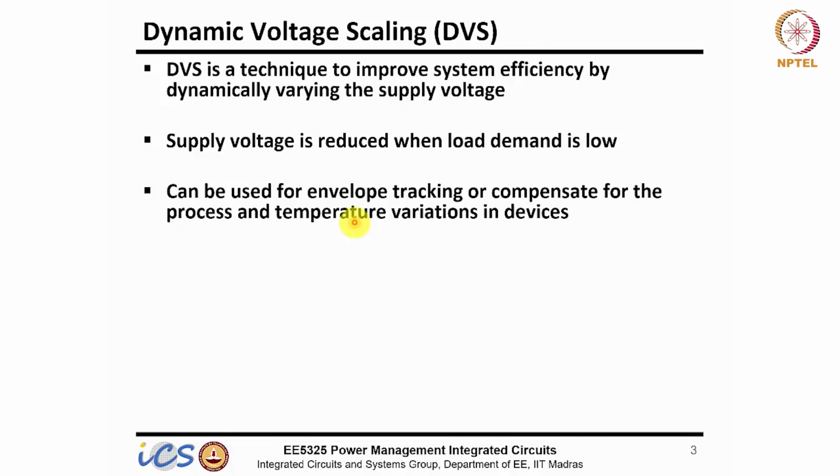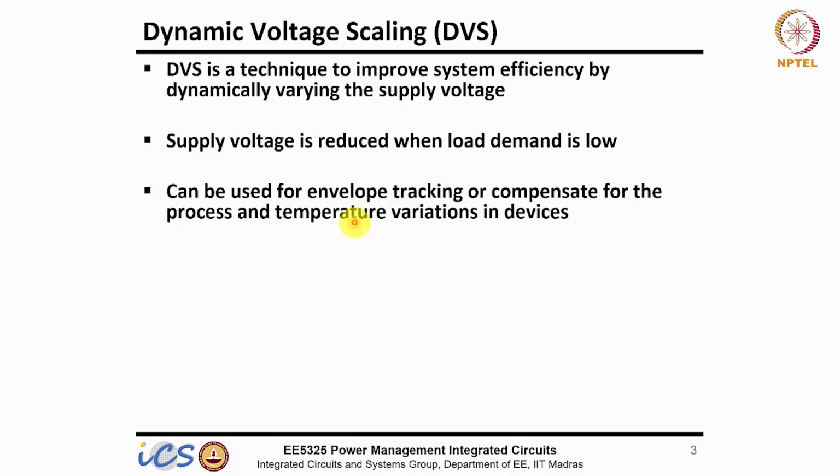So when we say process and temperature variations, assume that you have designed your circuit. Mostly you design for a typical corner. But when you have to meet the spec, you have to look at the worst case. So you want to run your circuit at, let's say, 1 gigahertz.